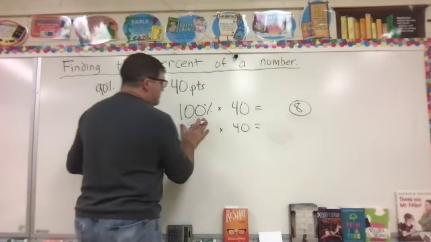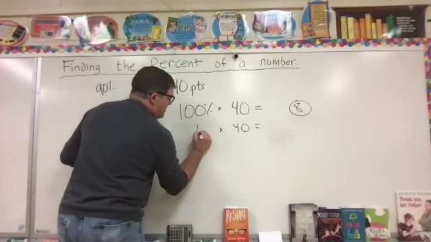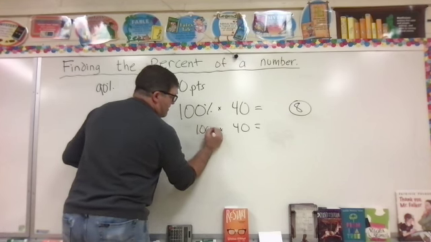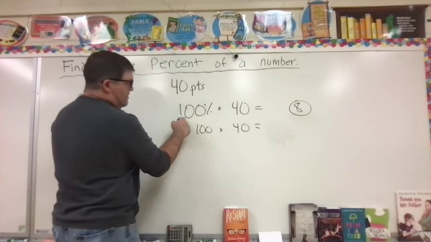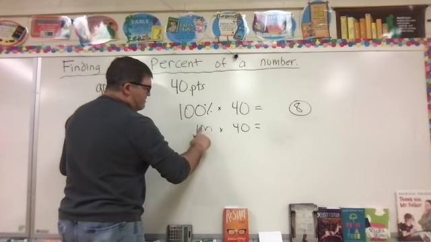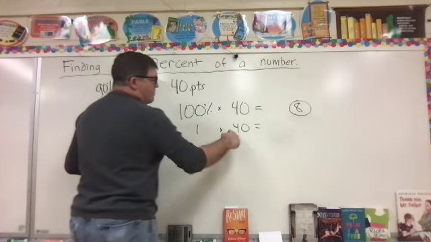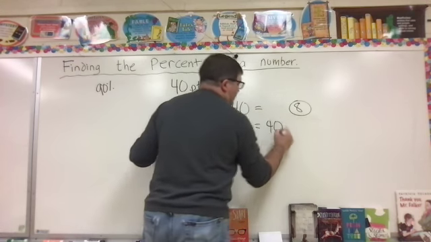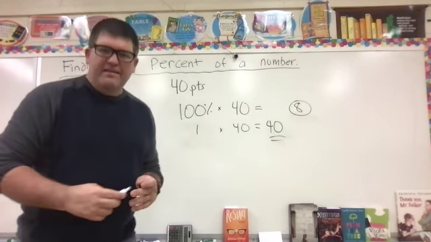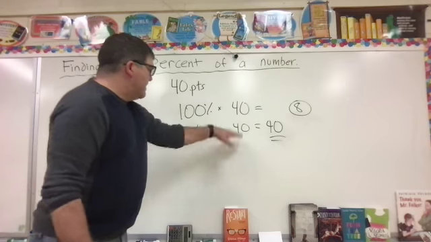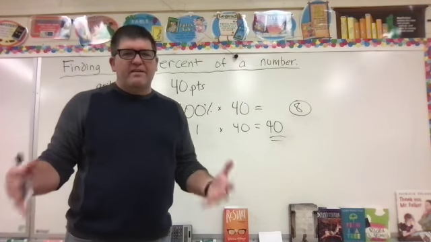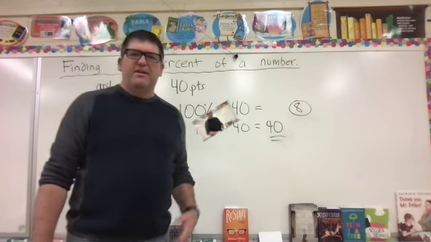So I take 100%, change that over. It gets me 1.00 because I put the decimal over there. I don't really need these, so it just gets me 1. What's 1 times 40? 40. Okay? That helps you to make sense of it. Because if I tell you you get 100% right, you're going to get them all right.